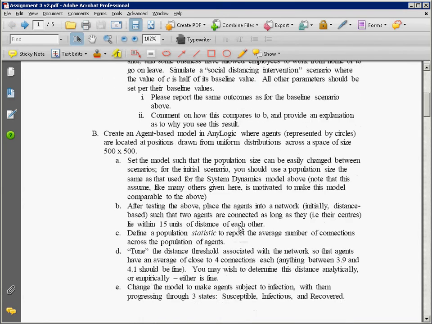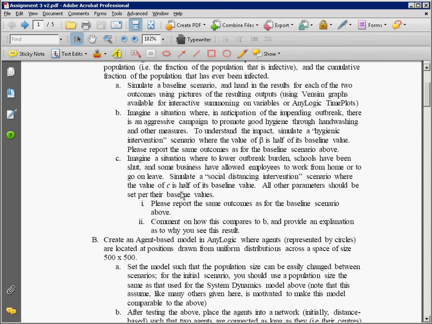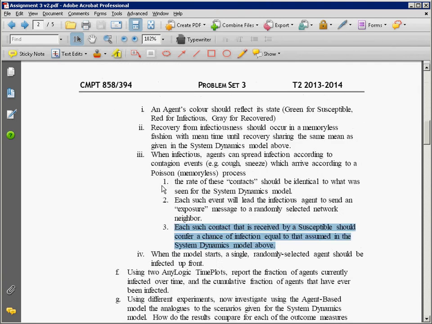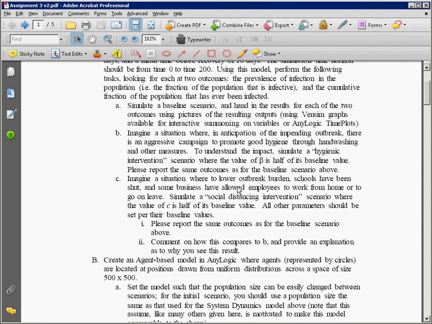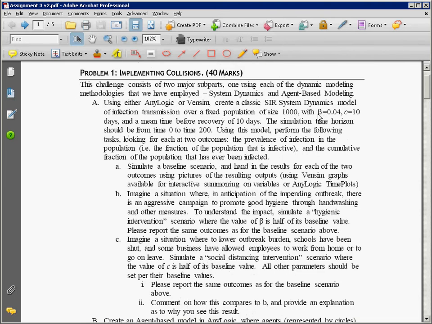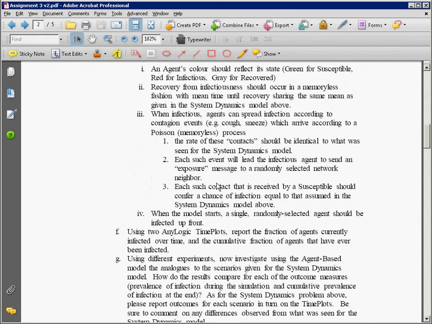And there, it's beta. This is the chance per contact between a susceptible and an infective. So all I'm saying is use beta as the likelihood of infection here.